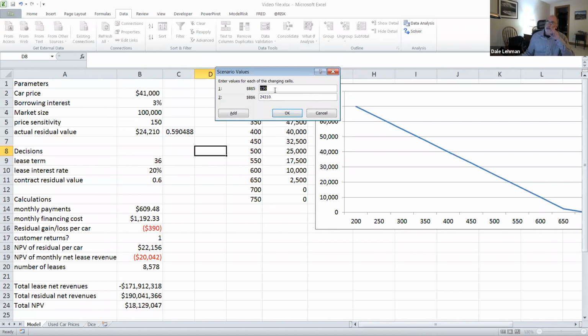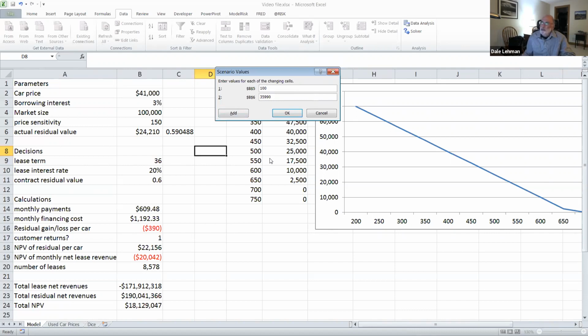Well, the best case would be that consumers are not very sensitive to price. So as the price goes up, the monthly payment goes up, demand doesn't go down very much. Let's say instead of the 150, we put in 100 for that. And instead of the 24,210, we use the maximum, which was, I'll check it in a minute, but I put in 35.